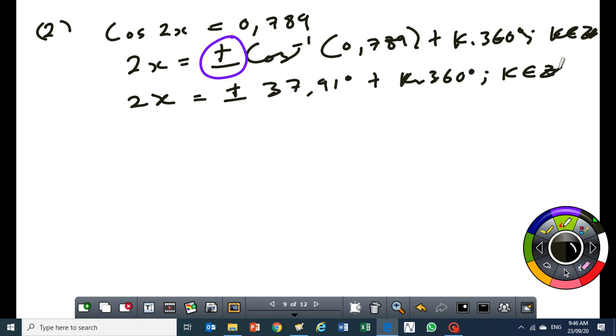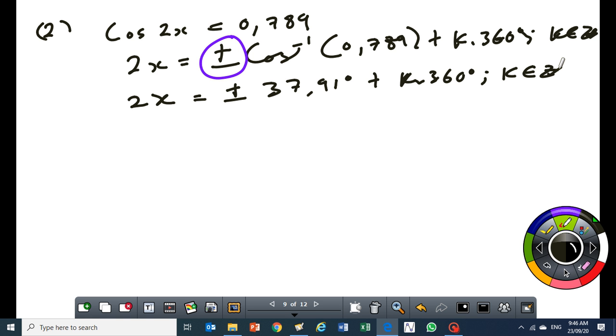Okay? Now, I'm not done. I need to make x the subject. It's very important for you to know that if you want to make x the subject, you divide this reference angle by 2, and you divide the k times 360 by 2.